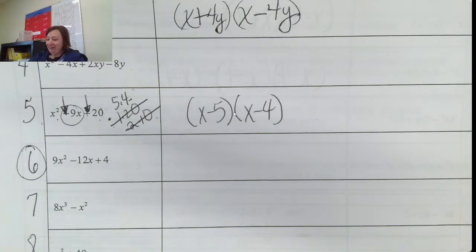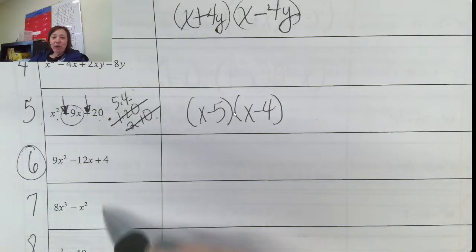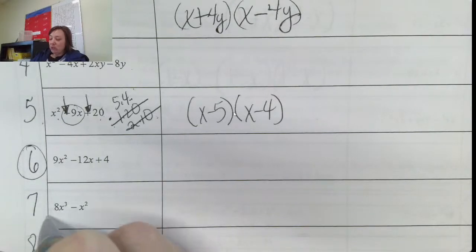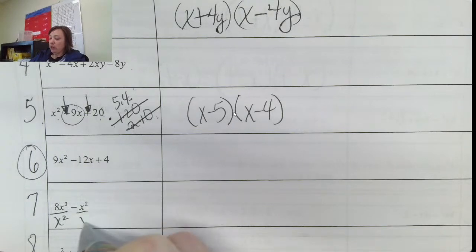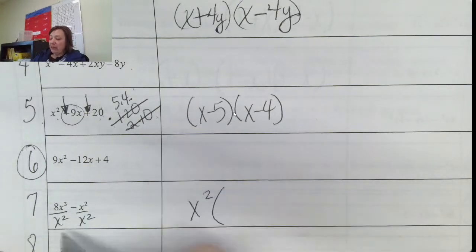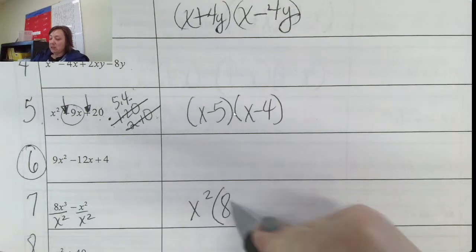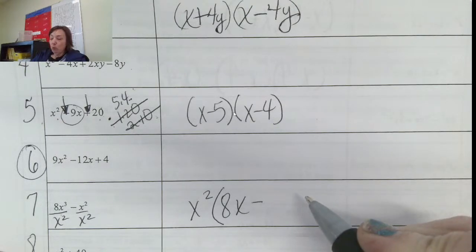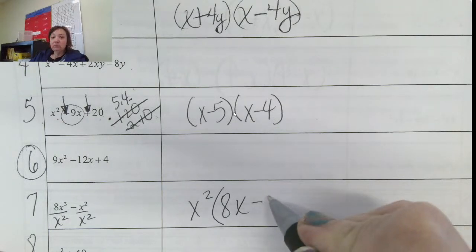Didn't even notice them. Okay, so we can factor out x squared, can't we? So we factor out x squared. So we've got x squared on the outside. That's going to give us 8x minus 1, right?